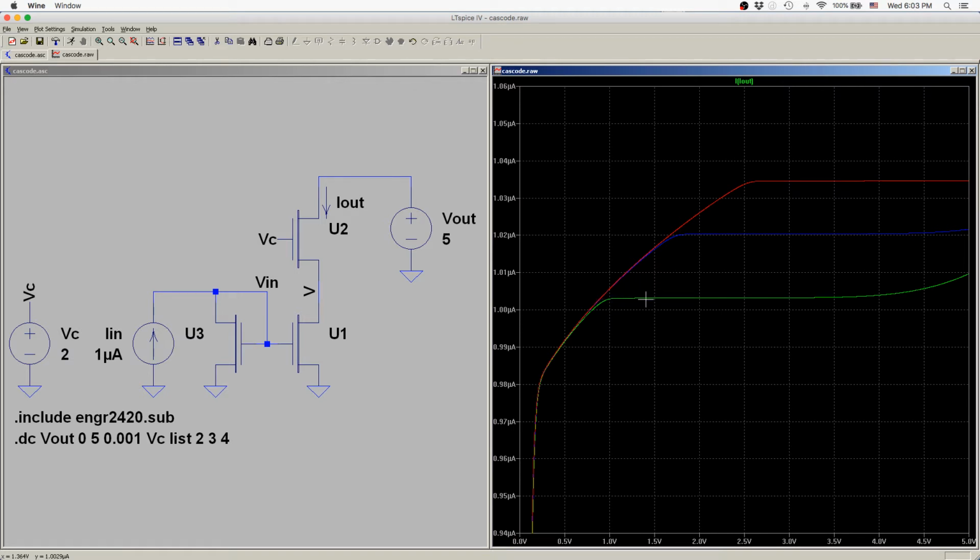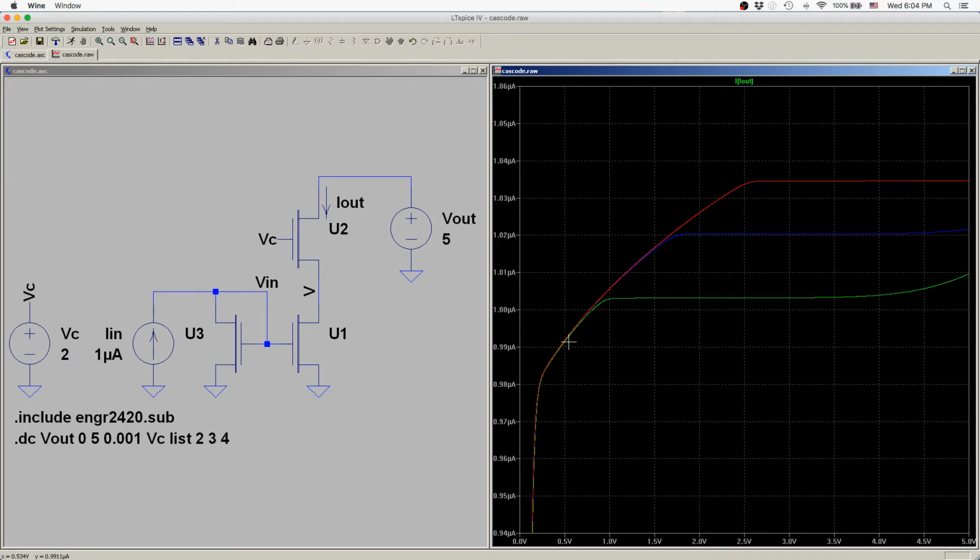But what happens here is that these flatten out at different places. So this is the 2 volt VC, the 3 volt VC, and the 4 volt VC. And so this is actually the output characteristic with the cascode transistor in play.